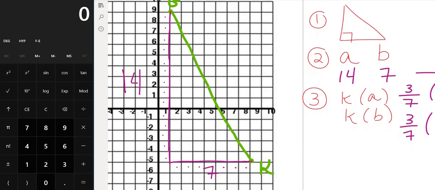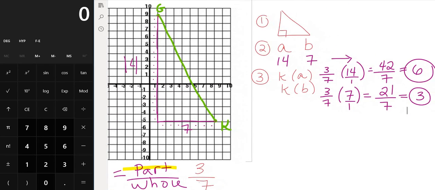Let's go back to our visual. Step 4 is instead of starting at G and counting 14 down and 7 across, we're going to count 6 and 3 to get to our new point. So starting back at G, we're now going to count down 6.